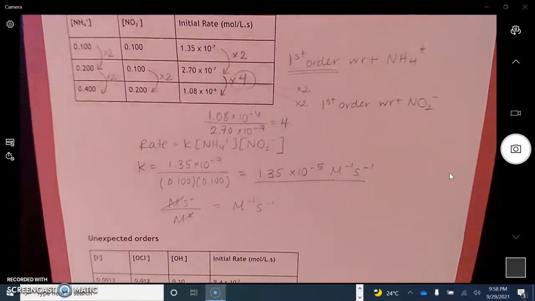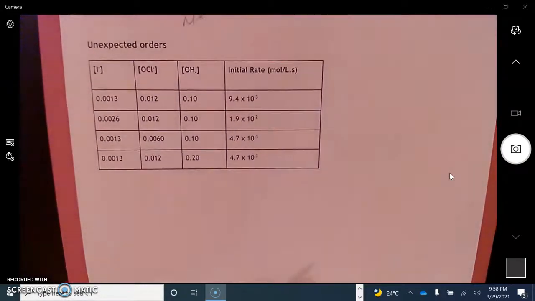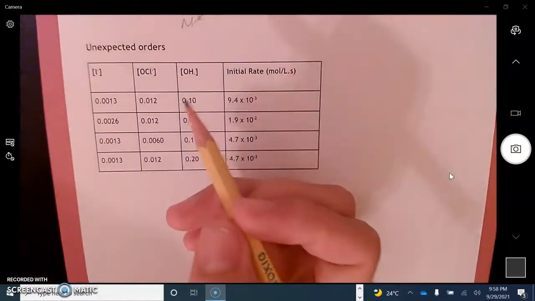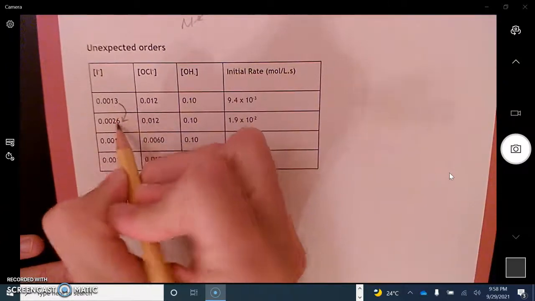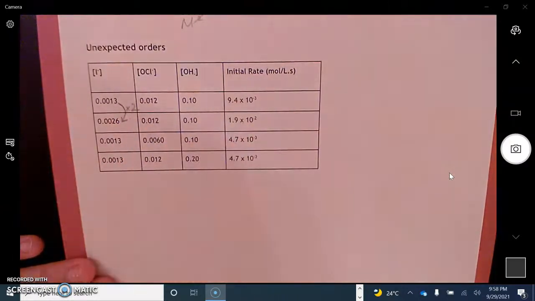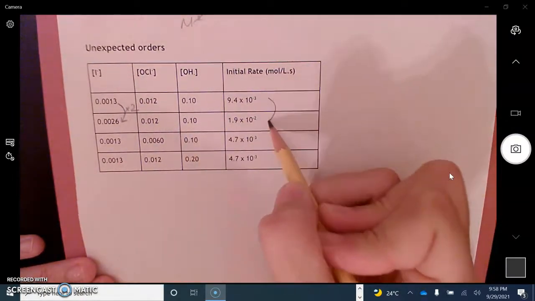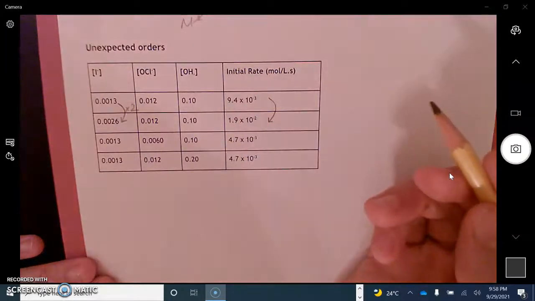All right. Last one, an order that is a bit unique or unexpected. So again, this problem starts out fairly straightforwardly. For iodide, 13 to 26 is doubled. The other two are constant. And the rate, that's doubled, isn't it?